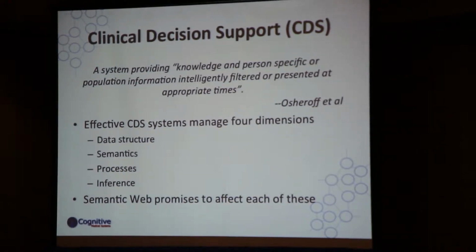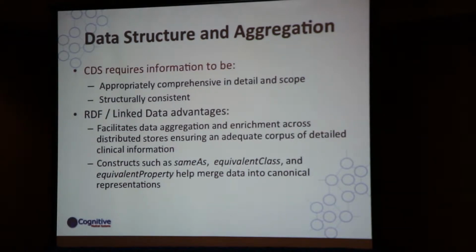Data structures, semantics of that data, processes in which a reasoning system like a clinical decision support engine needs to be able to understand at what time in a process, either a workflow orchestration or a rule execution, what state that clinical process is in, and then apply the right reasoning technology, the right inference capability to the problem at hand. And what I'm briefly here going to try to articulate is how semantic web technologies can help that.